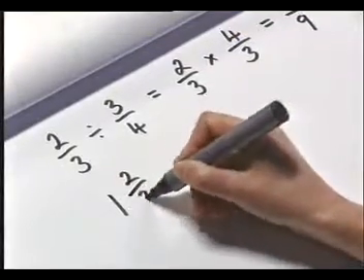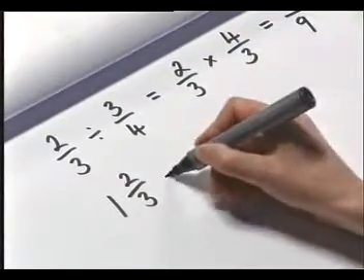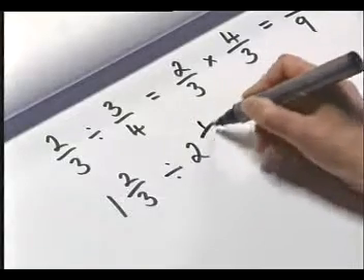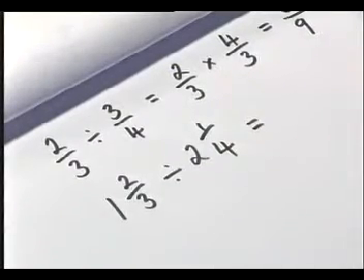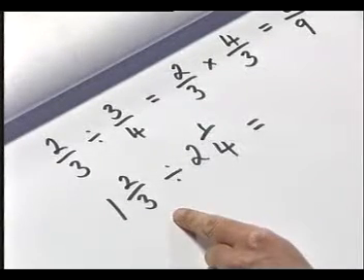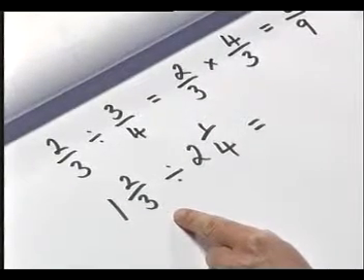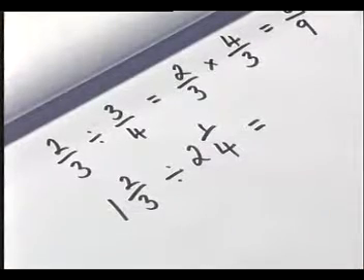Finally, how do we deal with mixed fractions? Well, let's have a look at an example. We've got 1 2/3 divided by 2 1/4. And it's exactly the same as we did before. We must turn mixed fractions into improper fractions before we do the division.